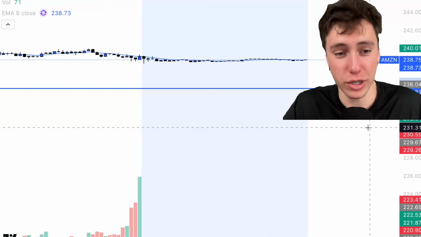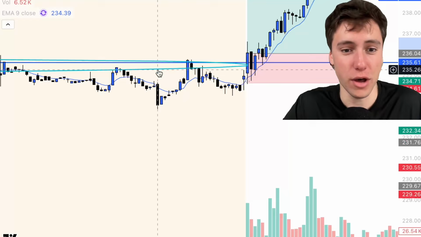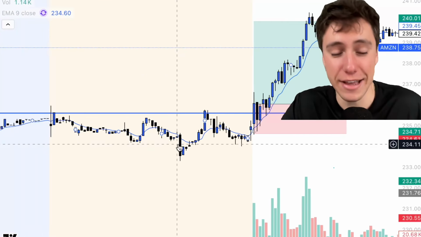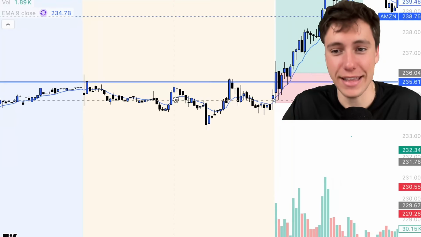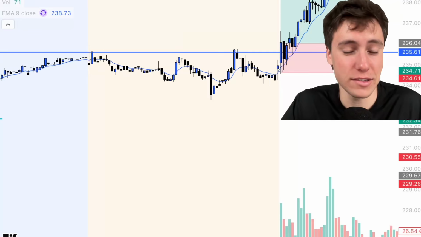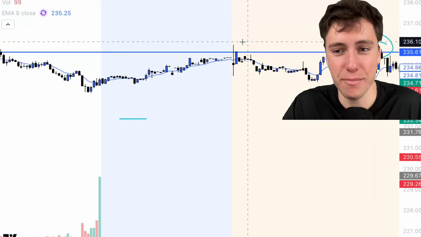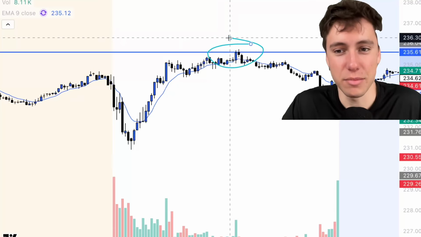Okay, so what you're looking for is for us to break out of the psychological level, of course, but on the 5-minute chart inside of the pre-market, you want to see us validate the psychological level, validating that it is actually a psychological level. Okay, so as you guys can see here, we go up and we reject this level inside of pre-market. Go up, reject inside of pre-market, and here was that level I showed you guys in the previous day on the daily chart.